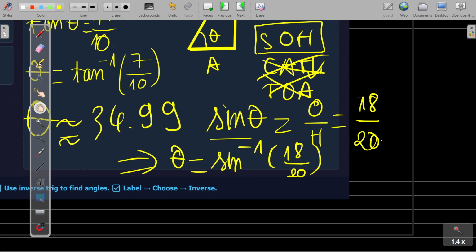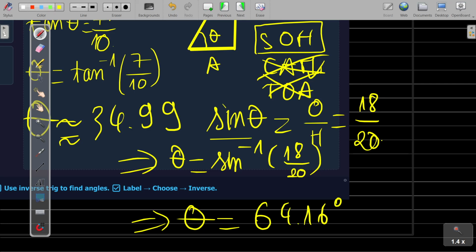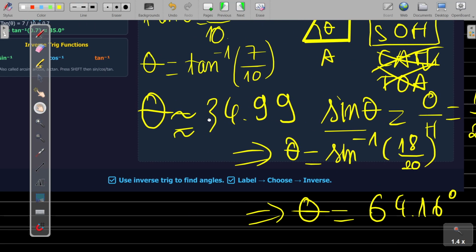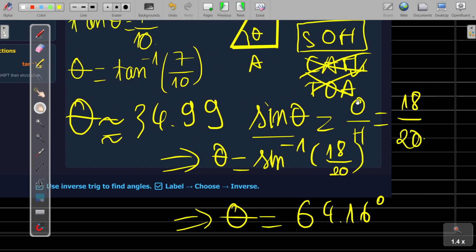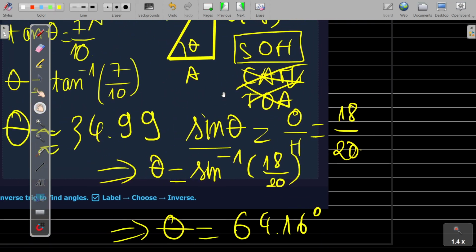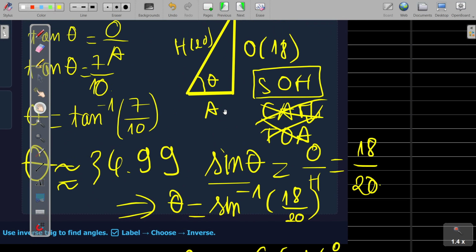Then if you calculate this out on your calculator, you will receive something around 64.16 degrees. And remember, in degrees as well. Also, if you want to check, choose inverse.